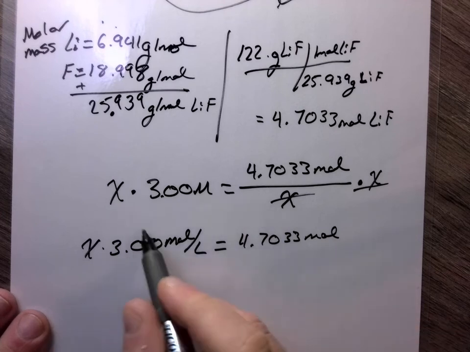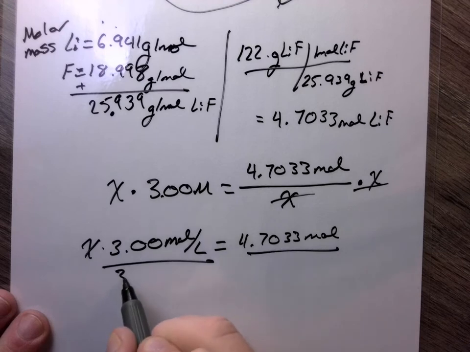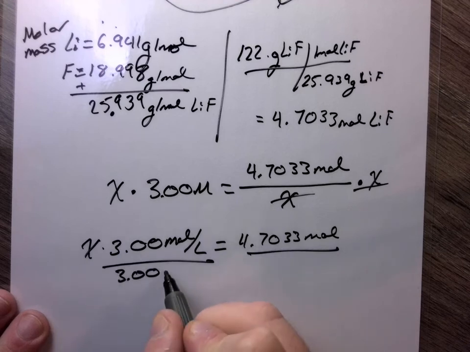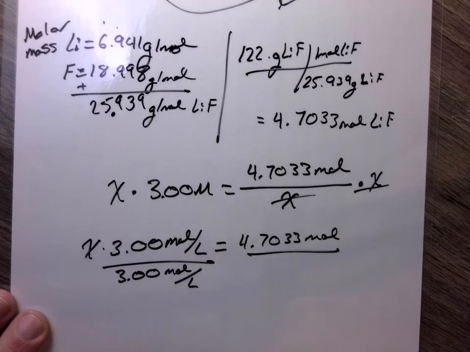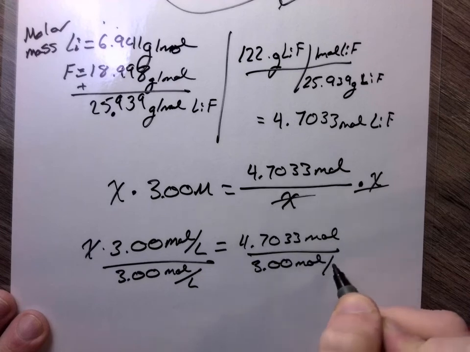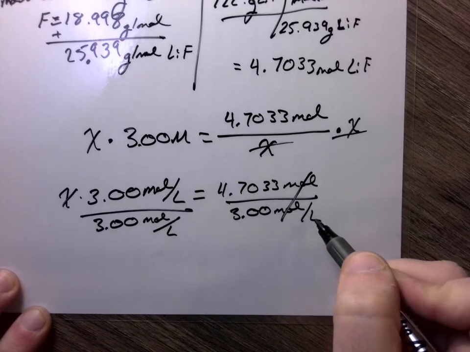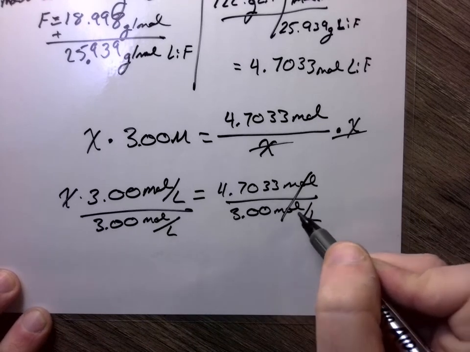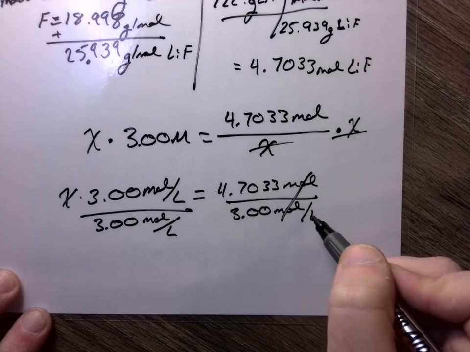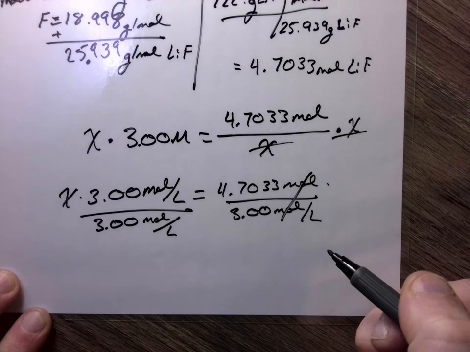Now I need this to go away from the left side. So I'm going to divide both sides by 3.00 moles per liter. That's what molarity is. Okay, so my moles cancel out, and I've got liters on the denominator of a denominator. That means that the liters are actually on the numerator.